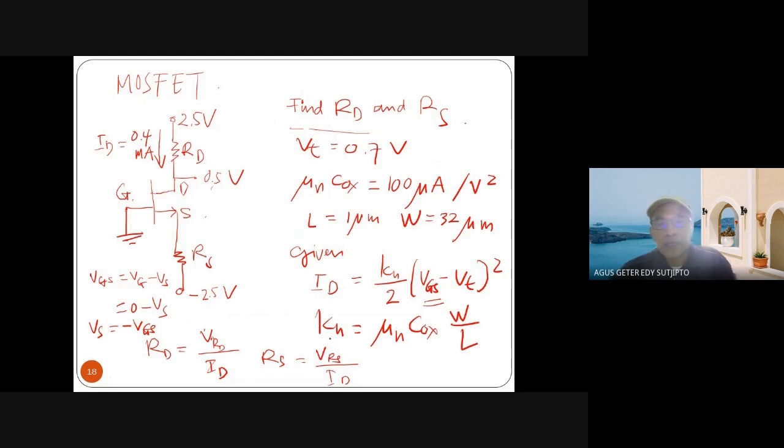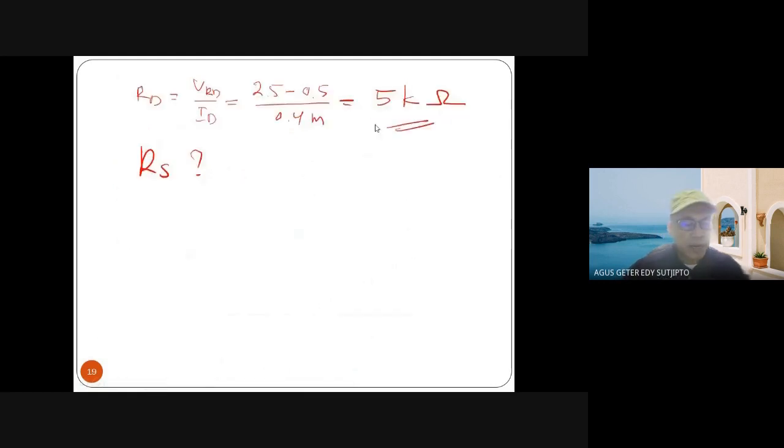So VGS we can find from this equation, ID equal Kn over 2 times VGS minus VT squared. So we know that ID is already known, and Kn we can calculate with this equation, and then VT is already given, 0.7 volt.